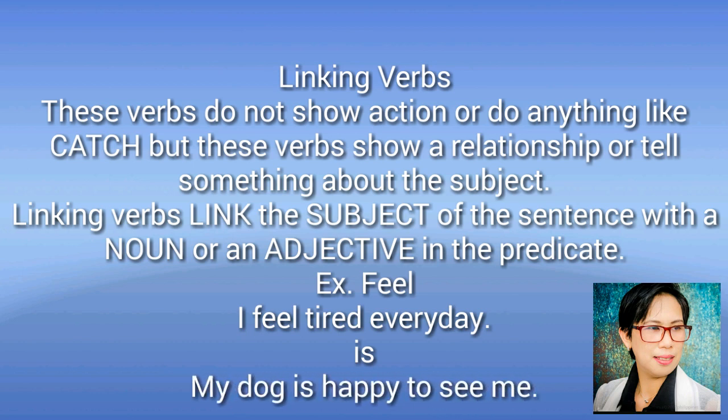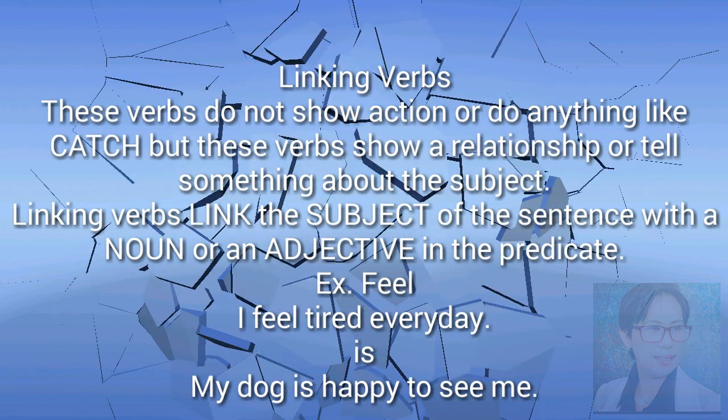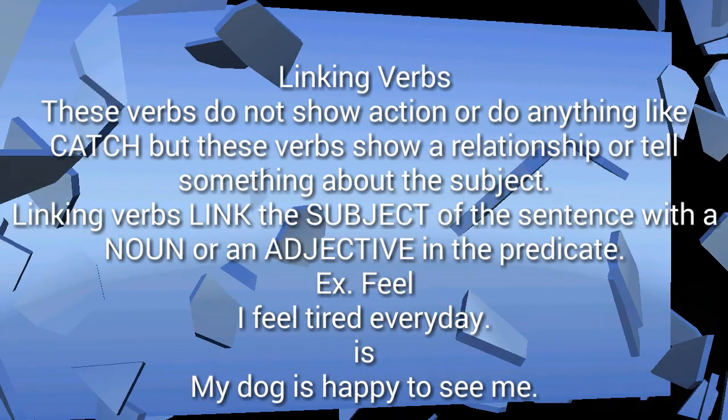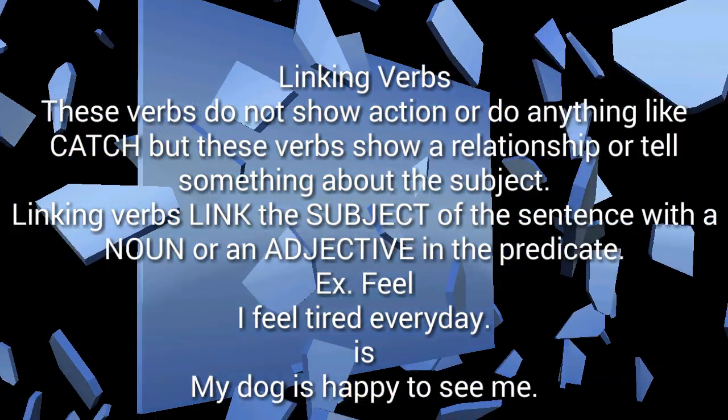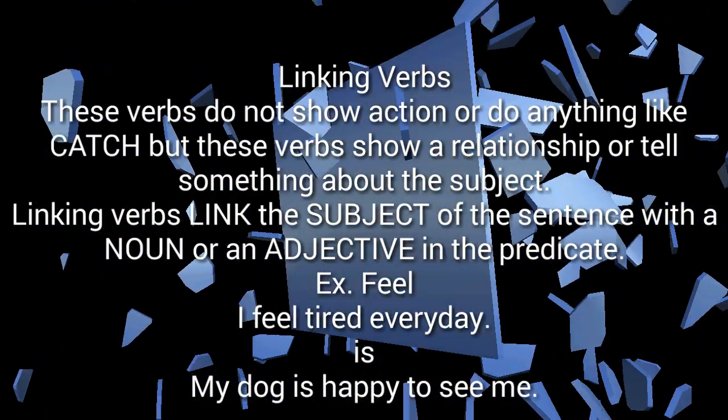Is. My dog is happy to see me. Tired is an adjective that describes our subject, I. Is is also a linking verb that shows the relationship between the dog and happy. So happy describes the dog.